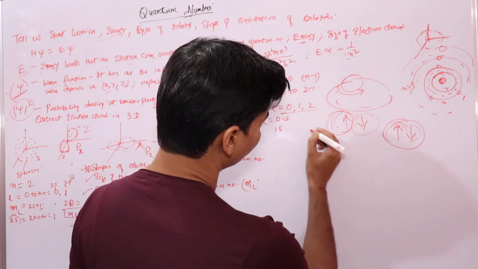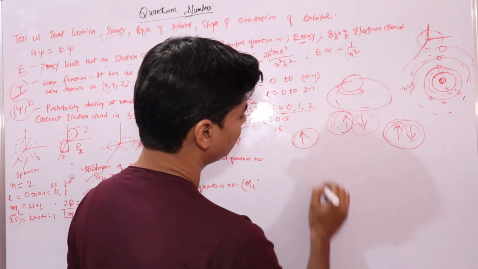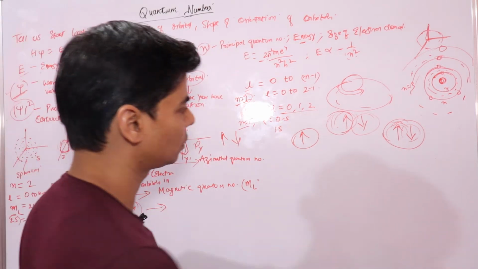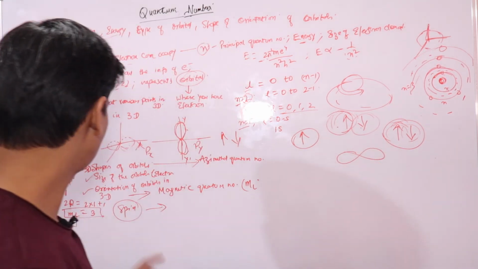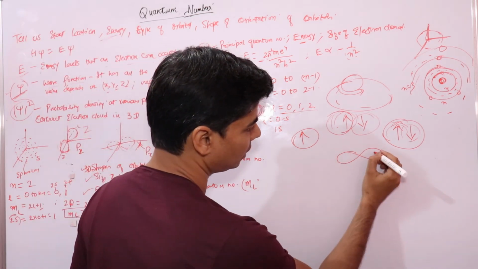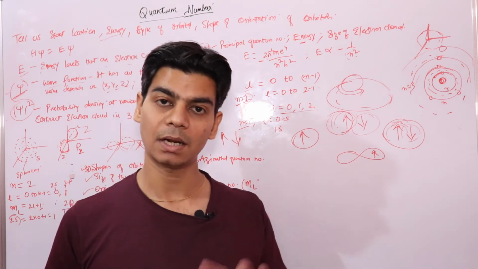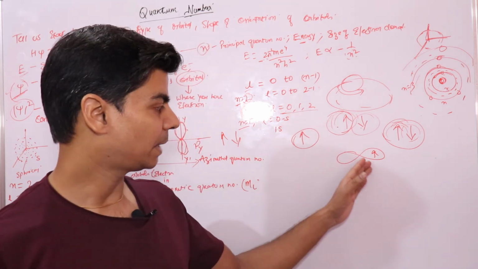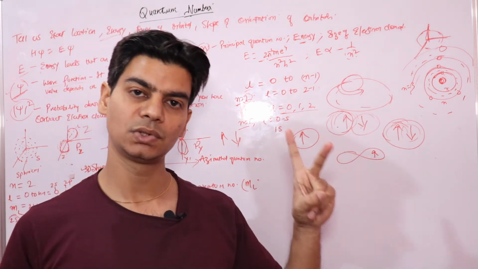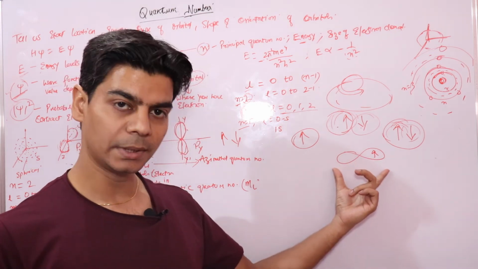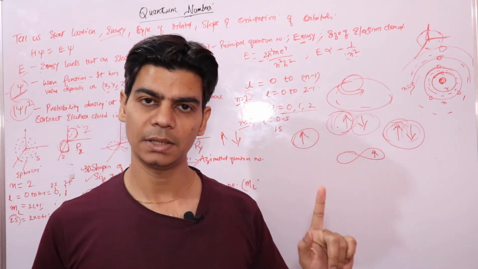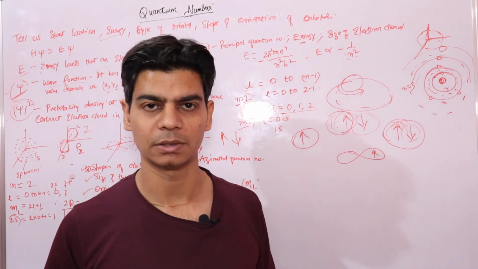Now other cases: if an orbital has one electron, this is also the shape of the orbital that we have understood. Since the maximum number of electrons an orbital can have is 2, an orbital that has one electron is called a half filled orbital.